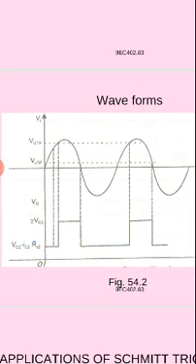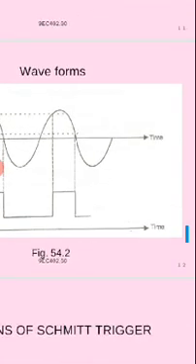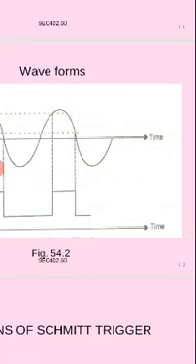LTP, lower trigger potential or lower trigger point. On output voltage V0, there is mentioned VCC, and there should be VCSAT at the lower level with respect to time.